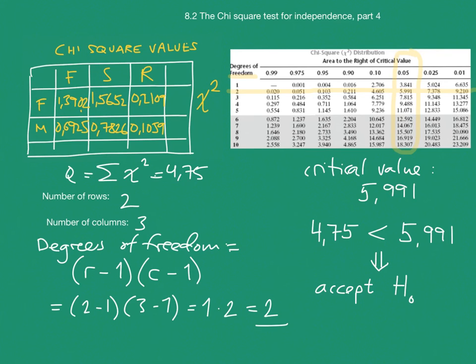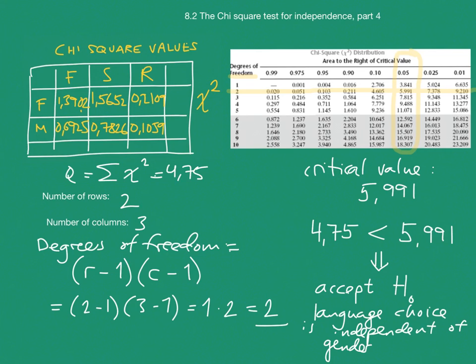And here's the reason why it's important to state our hypothesis, so we can backtrack and have a look at what our null hypothesis was, and that is that language choice is independent of gender.